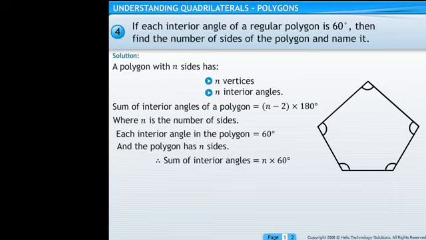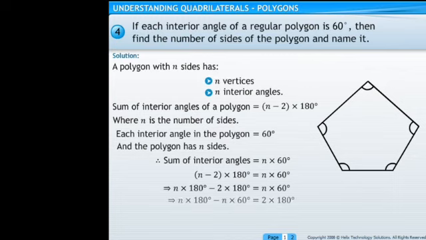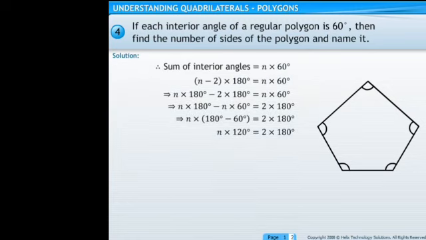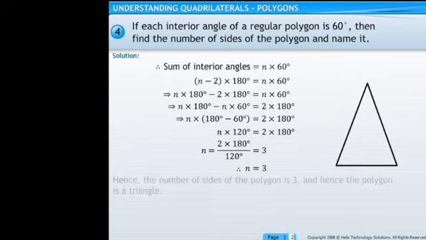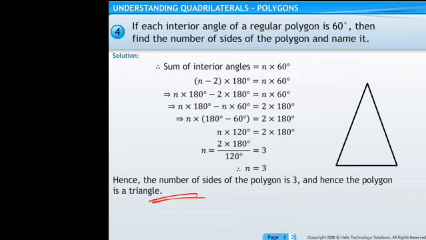We will equate both the equations to obtain n. We will rearrange and solve the equation for n. By rearranging the terms in the equation, and taking n common in the equation, we obtain the value of n as 3. A figure with 3 sides is a triangle.